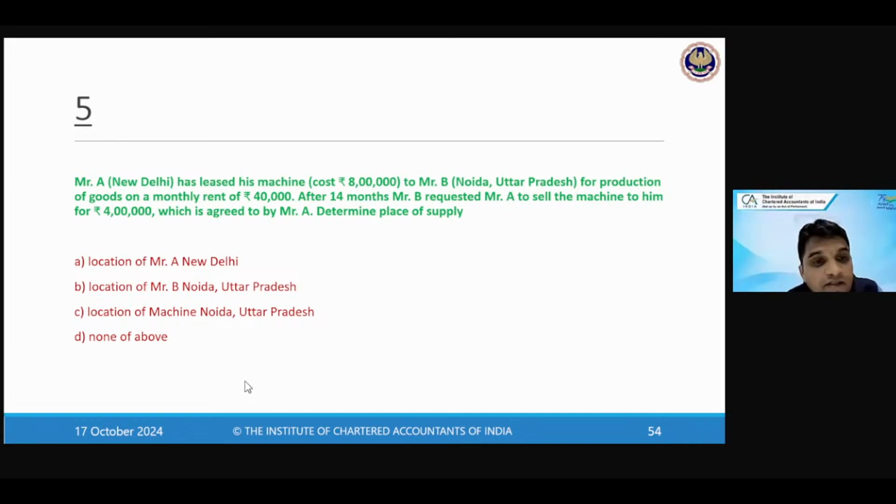The location can be seen. So if you see there are two locations, but what is the basis for that location? You'll have to mention. Aditya, if you're saying none of the above, then which is the state according to you?